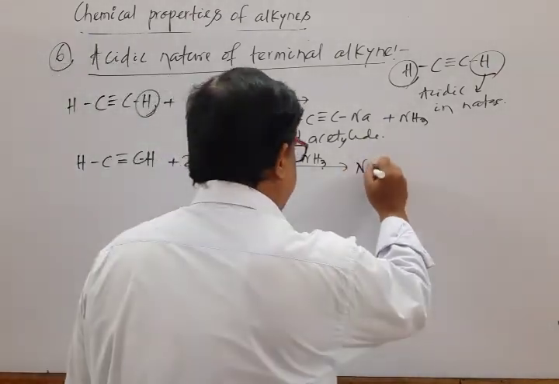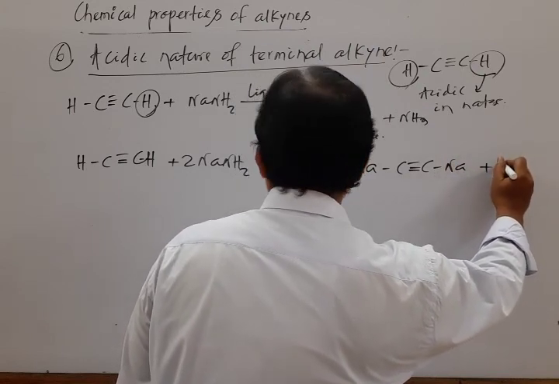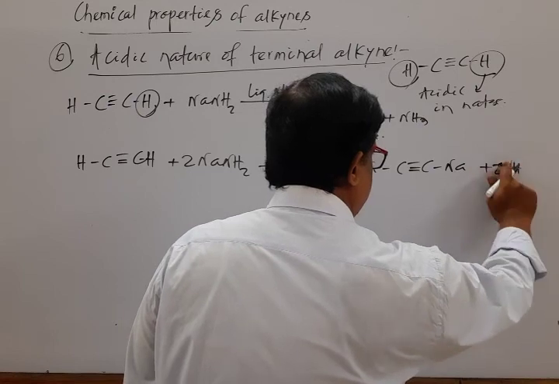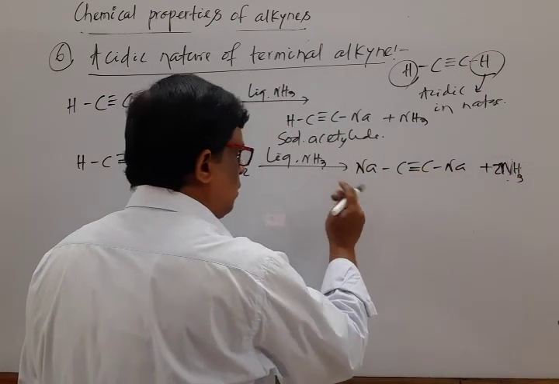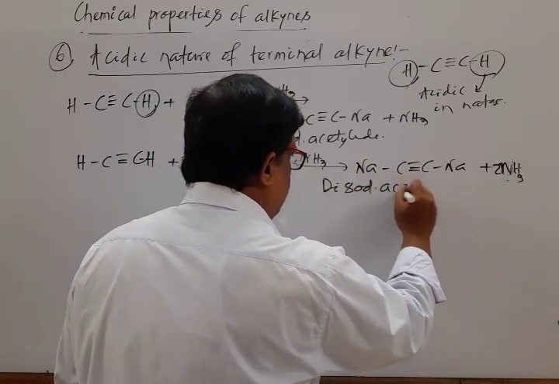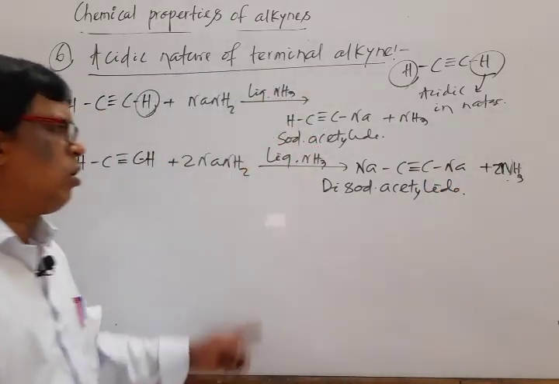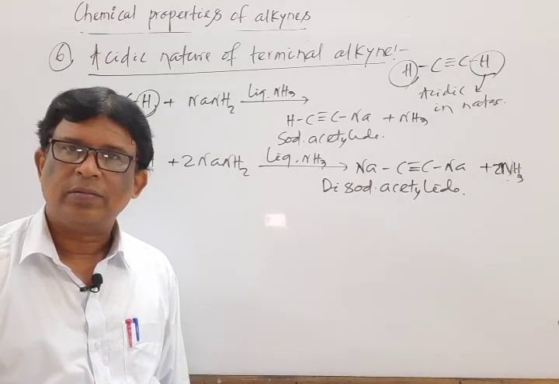Mark that, NaC triple bond CNa plus two molecules of NH3. It is known as disodium acetylide. This indicates that the terminal hydrogen of alkyne is acidic in nature.